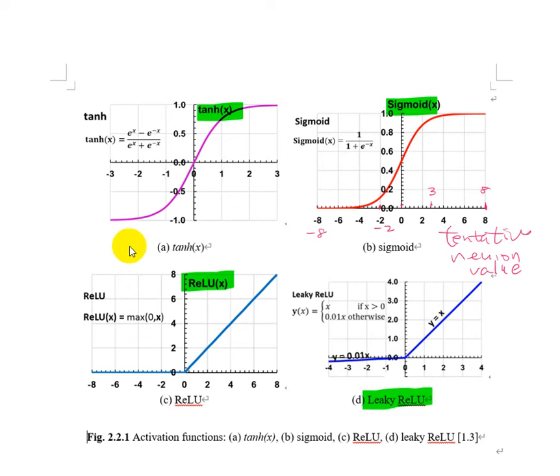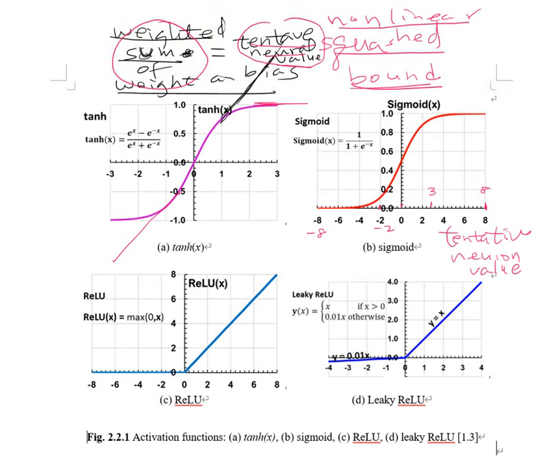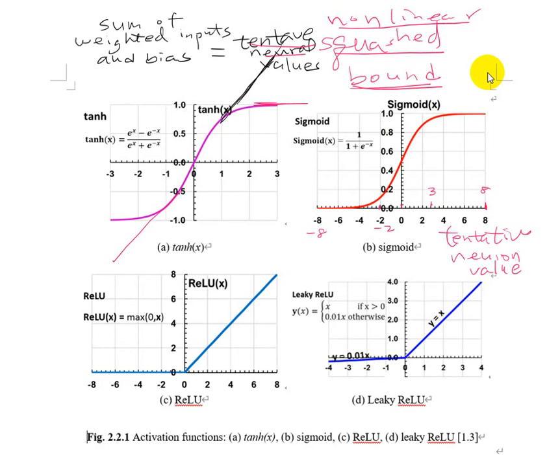A neural network without an activation function cannot represent complex nonlinearity between the input and output. The x-axis represents the sum of weighted inputs and bias, the tentative neuron values, which are passed through the activation function, and then the results will be nonlinear, squashed, or bound by the activation function.